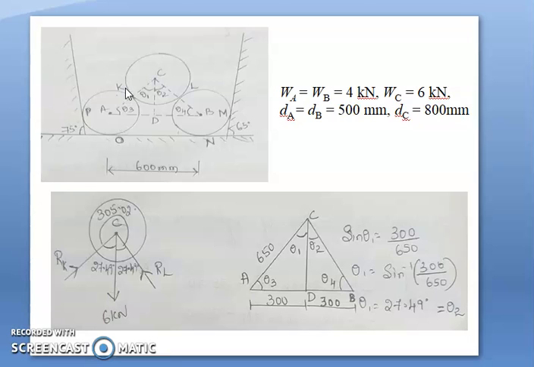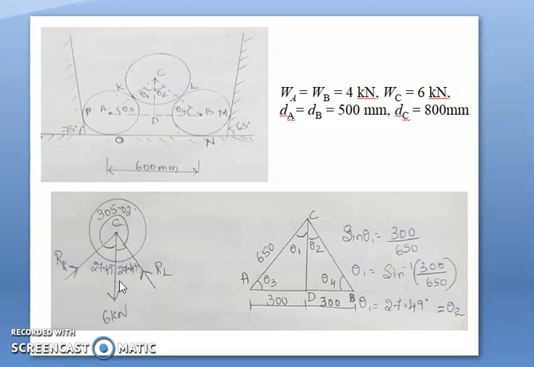And the reaction at this particular surface K, reaction on C by A, is RK, and the reaction between C and B, reaction on C by B, is nothing but reaction at L on C. So we have overall three forces, 1, 2, 3. Out of 3, 2 are reactions and one is nothing but self weight.